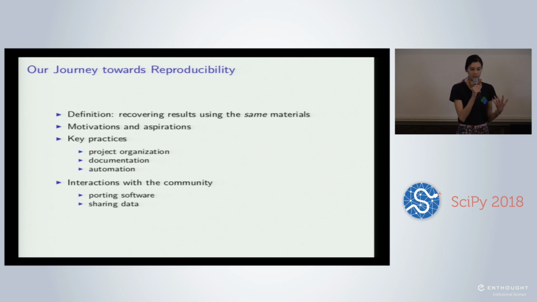So by reproducibility, we mean that we can recover results using the same data sets and the same methods. I can point you to references for this if you're interested. Our motivations and aspirations, to zoom out a bit and make sure that the work fits into those best practices, were both very day-to-day, low-level, like making the research process more enjoyable and less frustrating on a day-to-day basis.